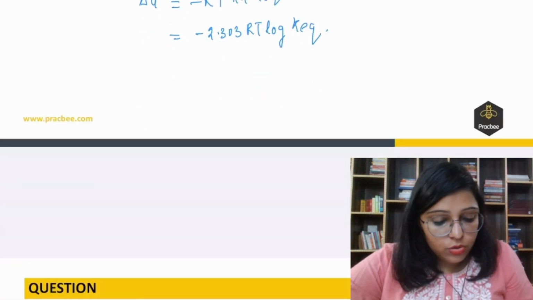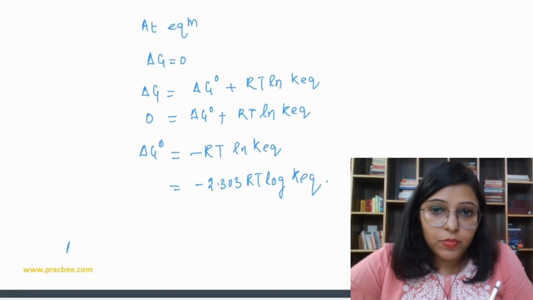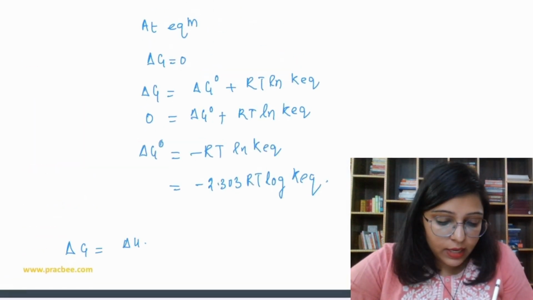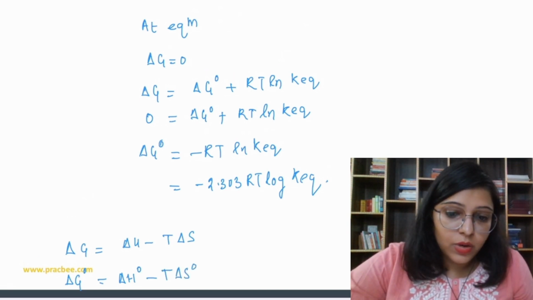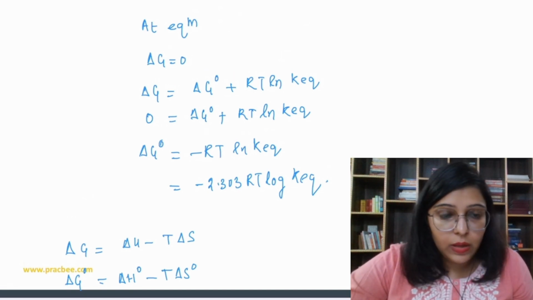Also, we have one more formula, that is delta G is equal to delta H minus T delta S. And under standard condition, we can write delta G naught is equal to delta H naught minus T delta S naught. So generally, we are going to use these two formulas in order to solve the below questions.